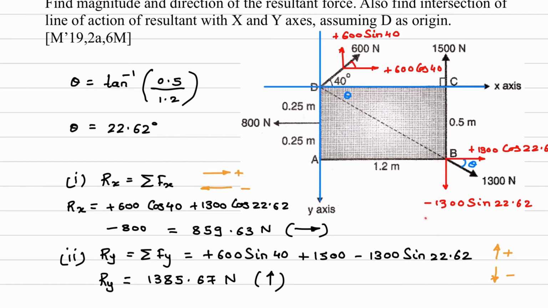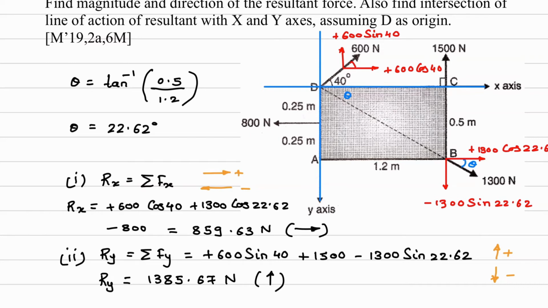So it will be minus 1300 sine 22.62 into distance is 1.2. So if you add these two moments now, it will become 0. Moment of this force and this force, if you add, you can check that out, it will become 0. So we are not even considering that in the calculation. Anyways, if we consider even then also it will become 0, for your information.